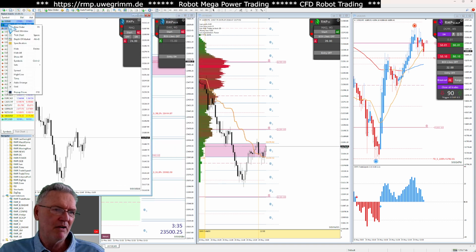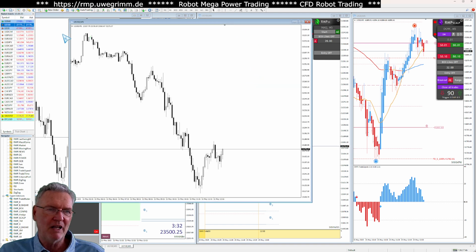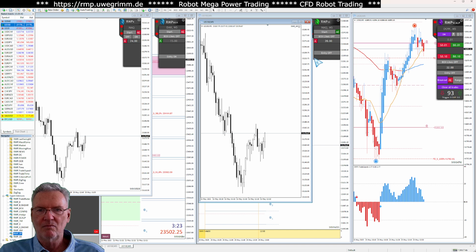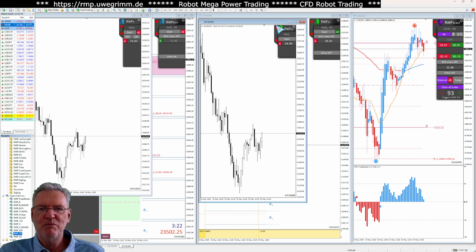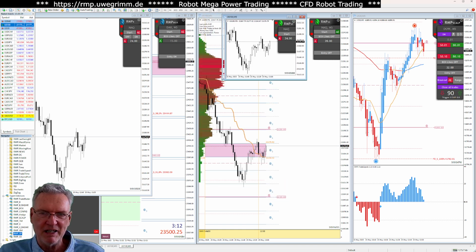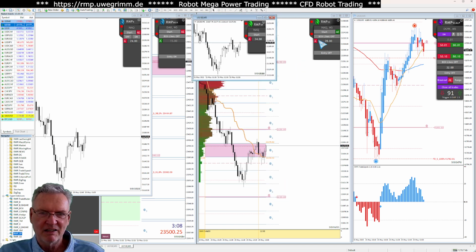And we also have the small version of the X robots. So you see, beautiful. This is the big version and this is the small version. Every version can do everything, but it is less space consuming. You can trade a lot of charts in one window. Okay?